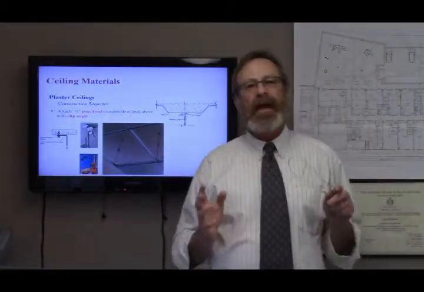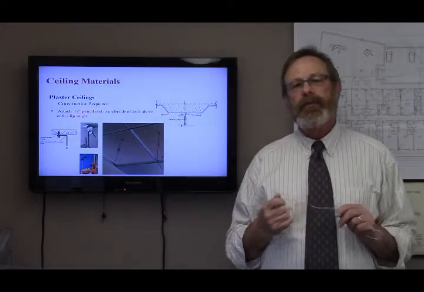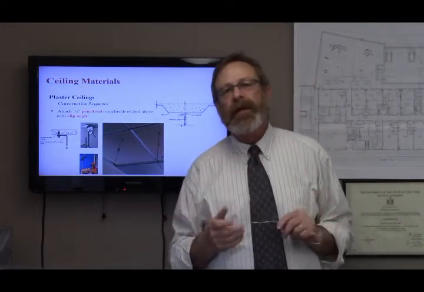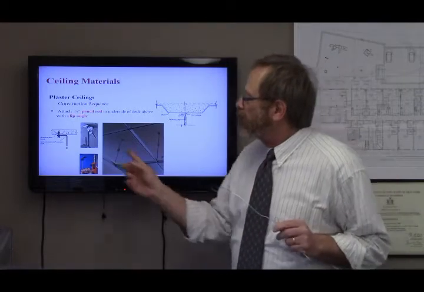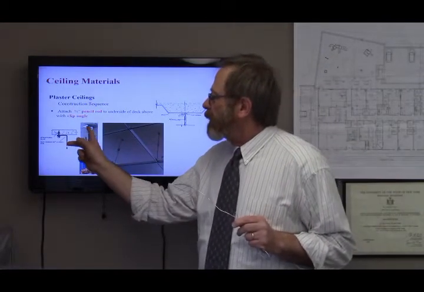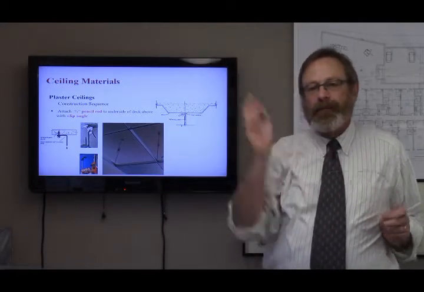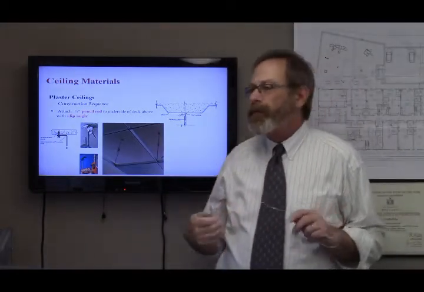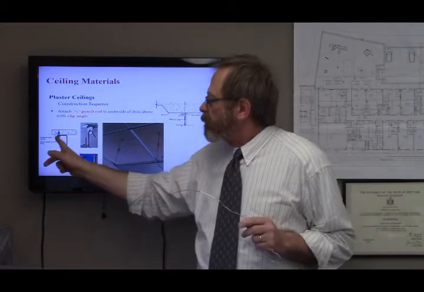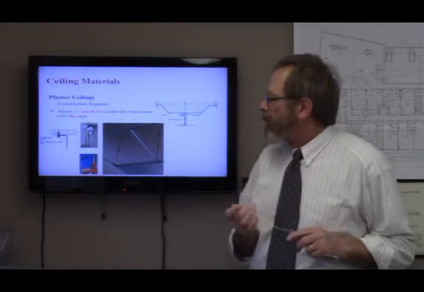Plaster is going to be even heavier than the boards of gypsum wallboard sheets. So we first start again with the clip angle securely fastened to the metal deck above, or maybe it's a concrete floor that was already preformed, there's no metal deck, but it's got to be securely fastened to the structure up above.